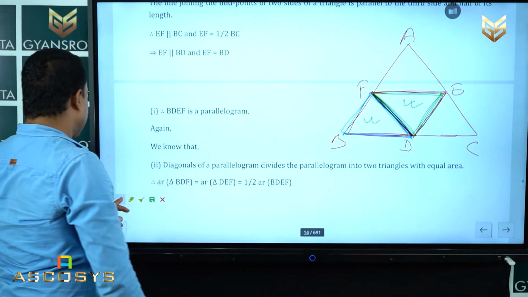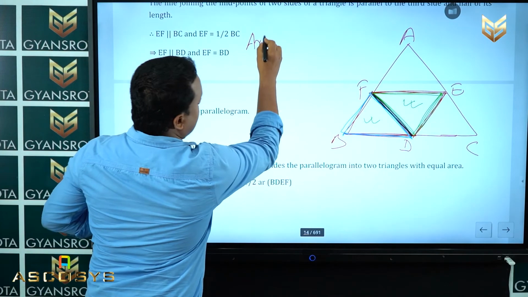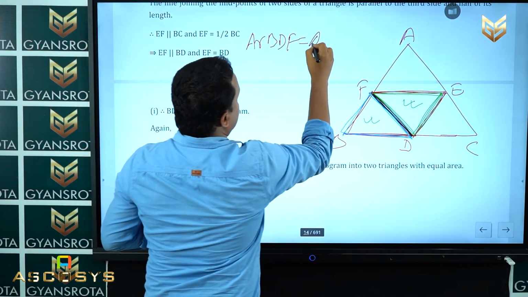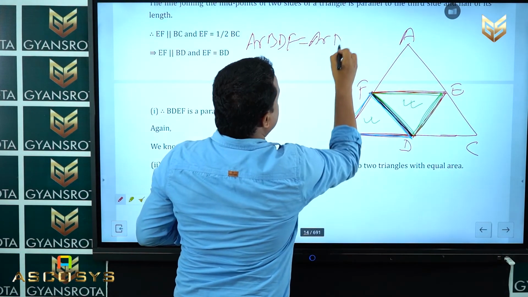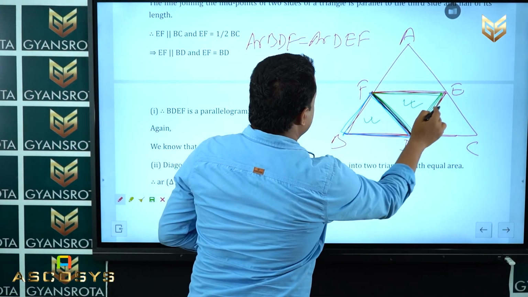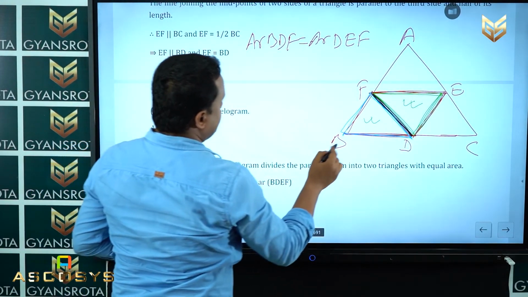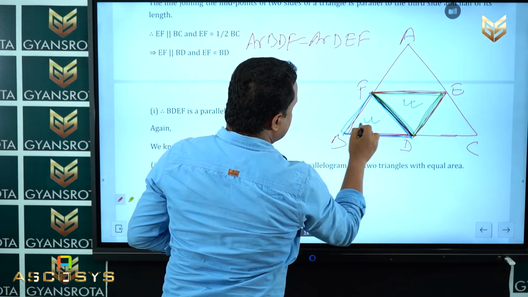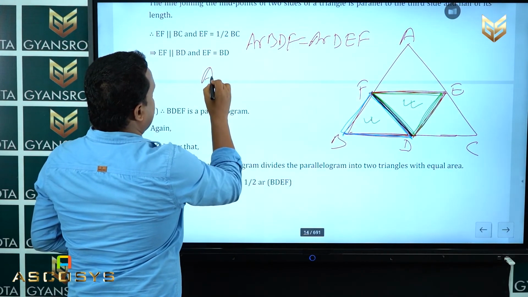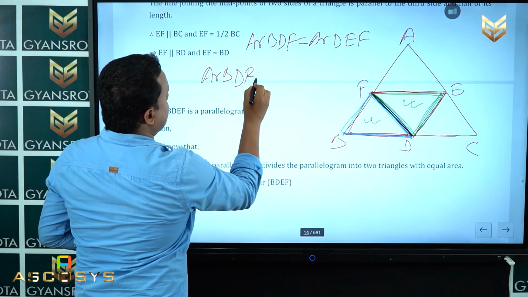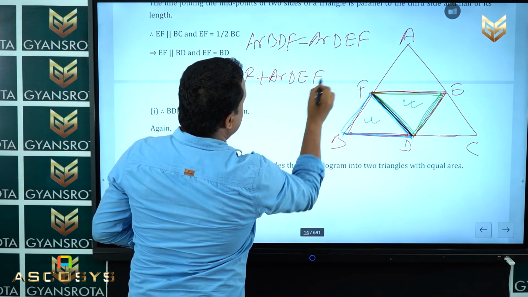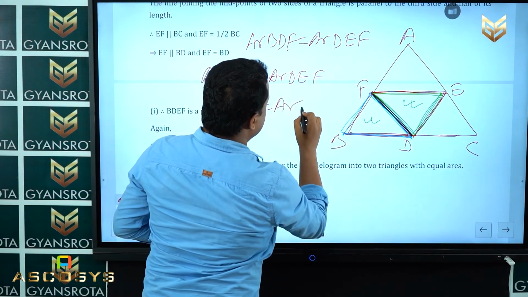So, here we can write area of BDF equals area of DEF. Since the areas of these two triangles are equal, area of BDF plus area of DEF equals area of BDEF.